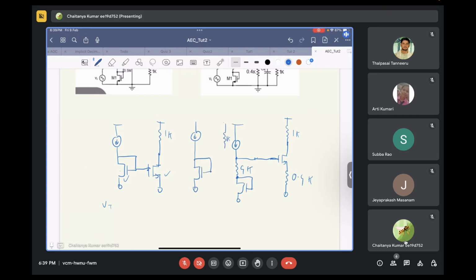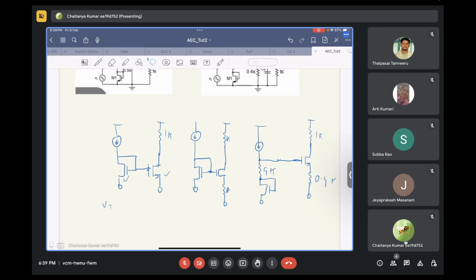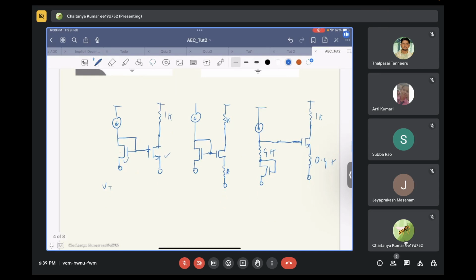This is 1 kilo ohms. There is one resistance over here, and then there is this. Okay. So let's say, what we discussed initially.